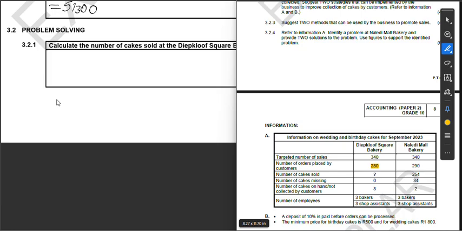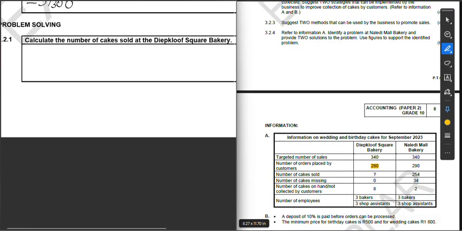Alright, so we come back here and we say 280 of the orders minus 8 of the orders which were not collected. This is going to be 272. So easy, done. We go to the next one.